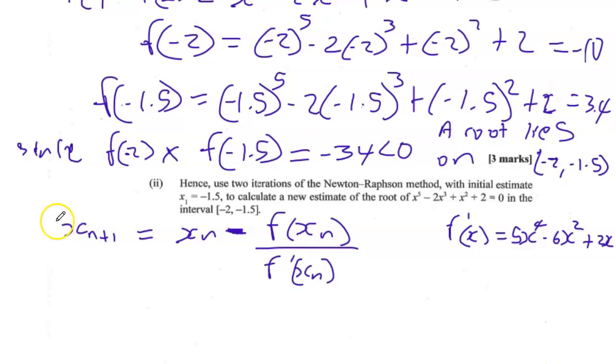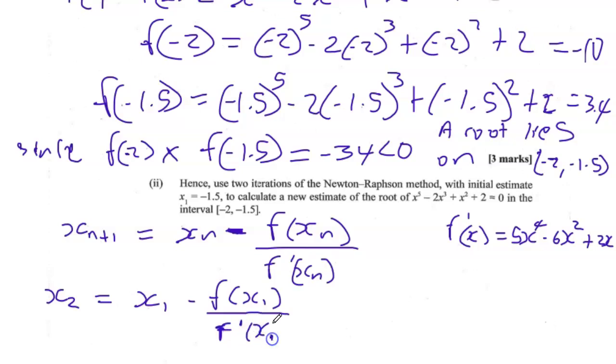So based on this formula, if we let n be 1, then x2 would be x1 minus f of x1 over f prime x1.